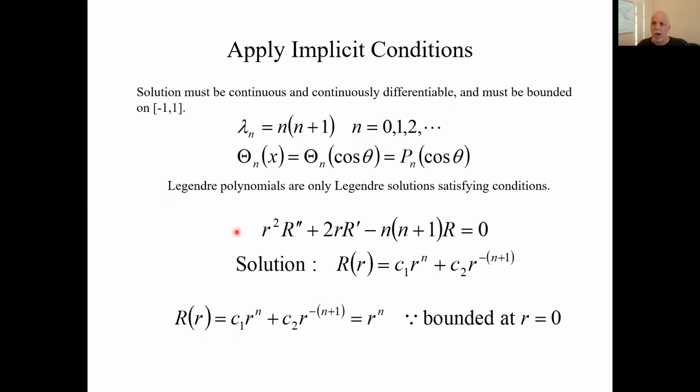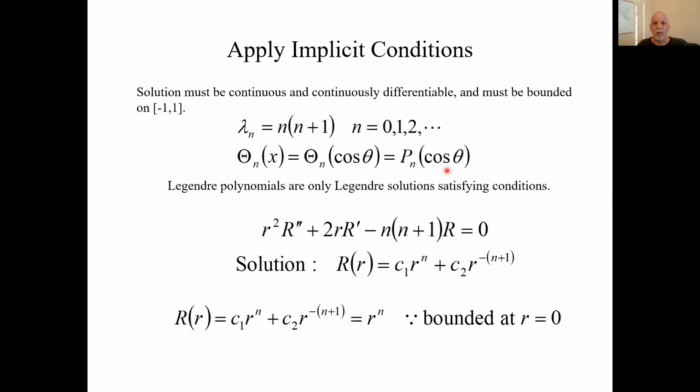Then we use the same eigenvalues for the R equation. So this would be the R equation with those eigenvalues. We have a canned general solution for that. And again, our solution must be bounded, and this guy is unbounded. So we have to set C2 to 0, and we're just left with R to the n for the R solution.